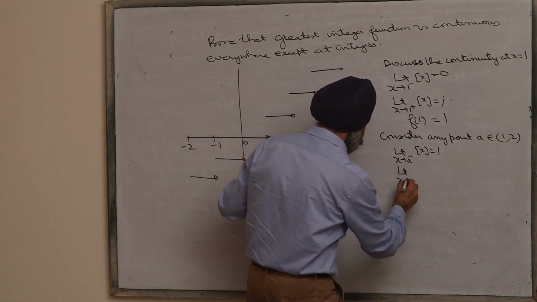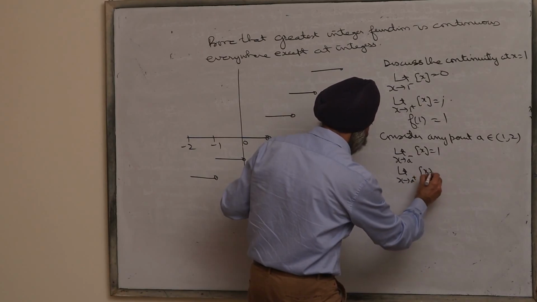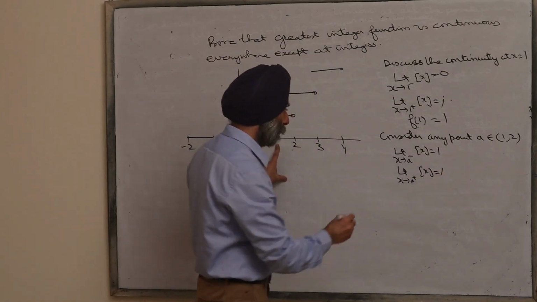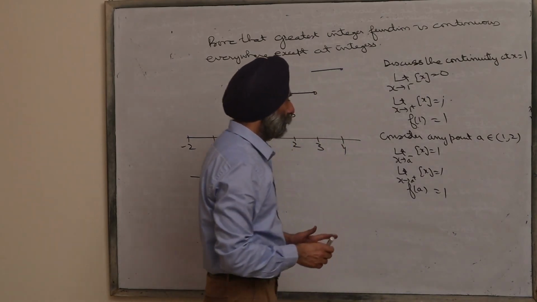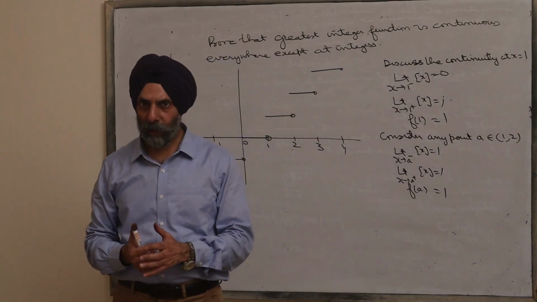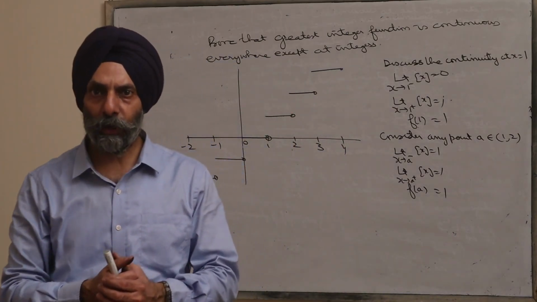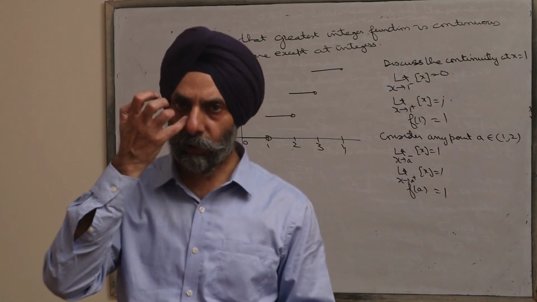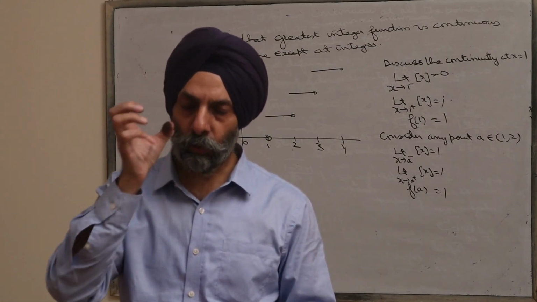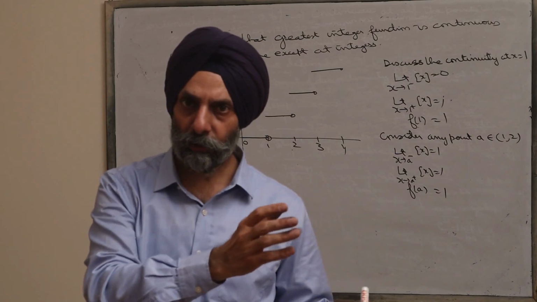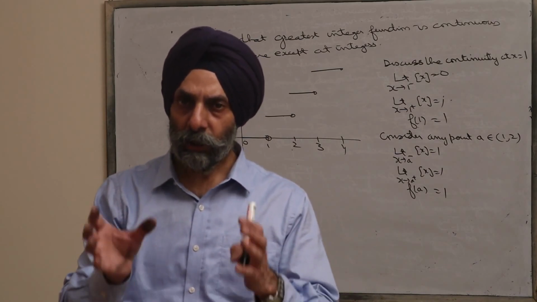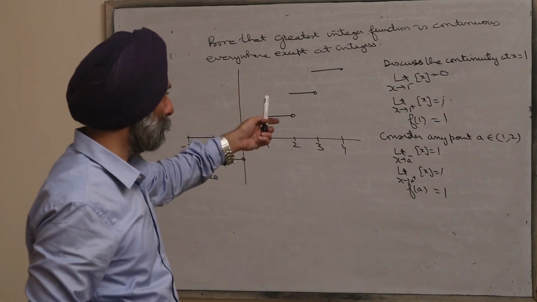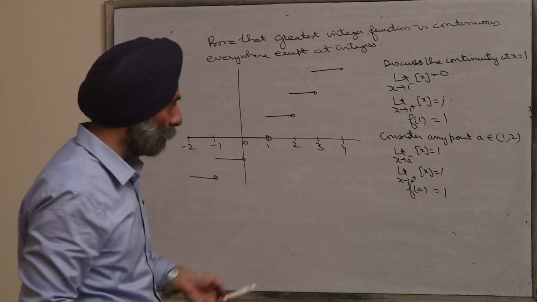Limit x approaches to a positive integral part of x will also be equal to 1, and f of a will also be equal to 1. So similarly, whenever the point lies within the open intervals, whether it is 0 to 1, 1 to 2, 2 to 3, and so on, similarly on the negative side, it is always going to be continuous, but at the integers this function is always discontinuous.